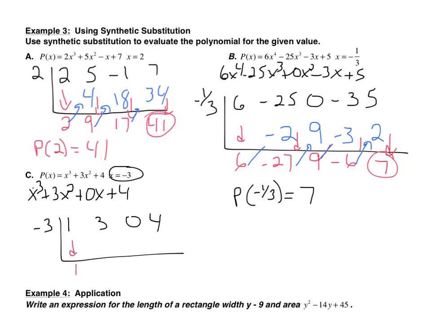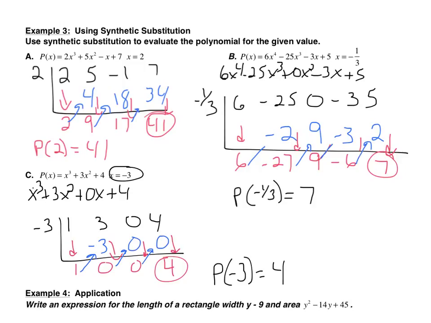So I bring down the 1, multiply that by negative 3, I get negative 3. Add 3 and negative 3, I get 0. Multiply by negative 3, I get 0. Add and I get 0. Multiply negative 3 times 0 and I get 0. And add them and I get 4. So what we're saying is that if I had p of negative 3, I would get 4.